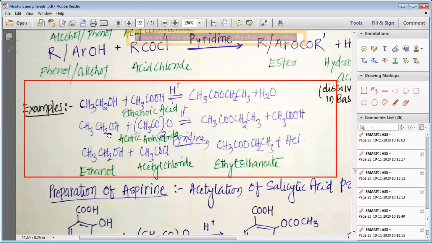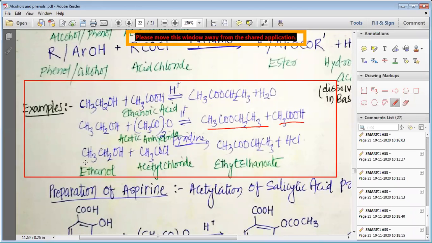Same way, my dear students, when ethanol reacts with acetic anhydride, (CH3CO)2O, it also gives ethyl ethanoate and acetic acid.